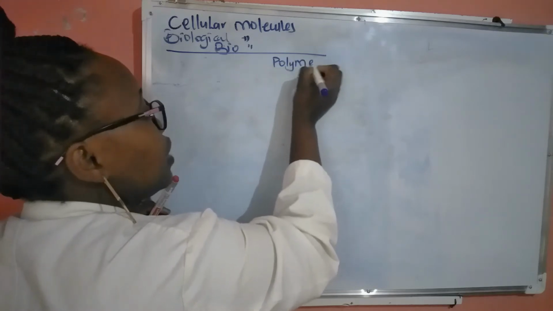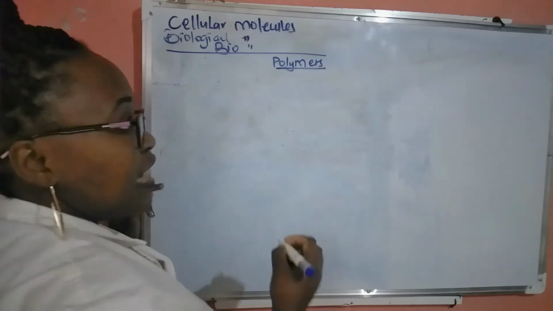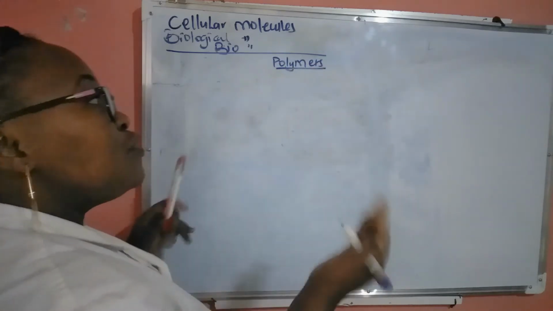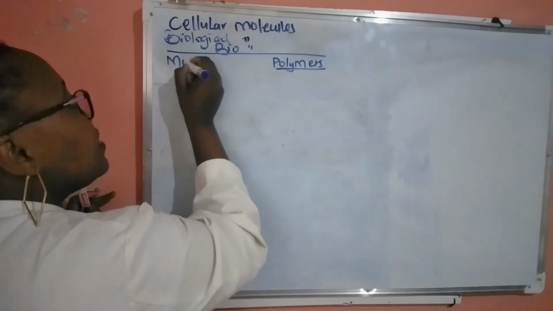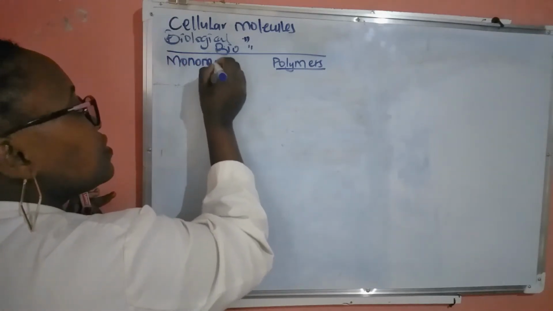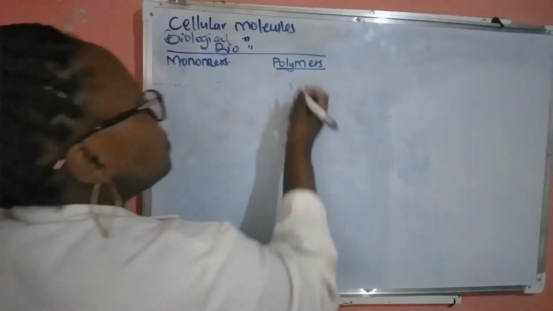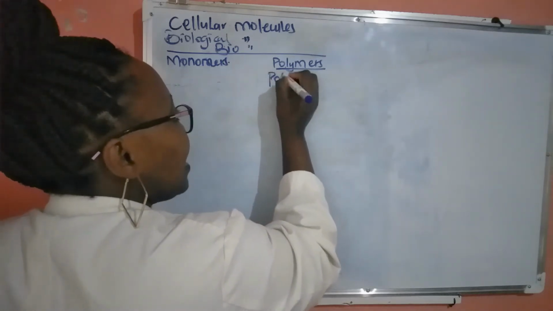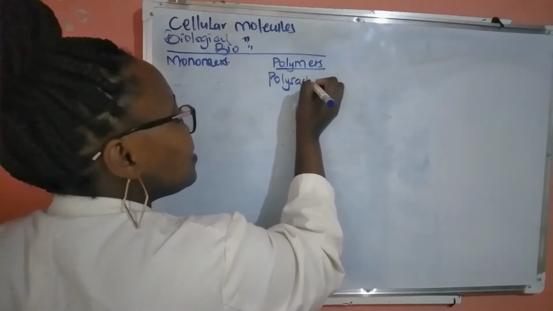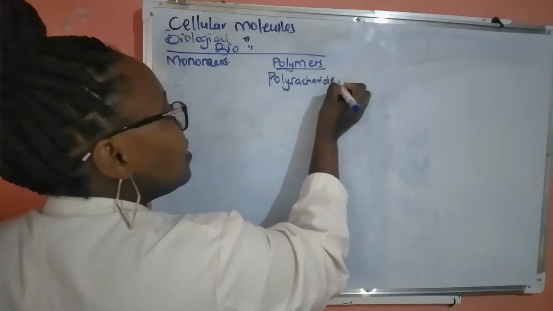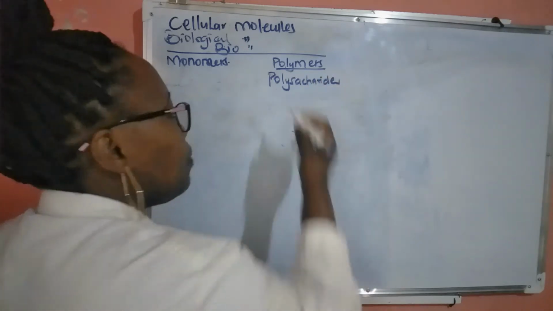We call them polymers because they are many units that are formed from monomers or building blocks. So we have polysaccharides, which commonly are called carbohydrates.